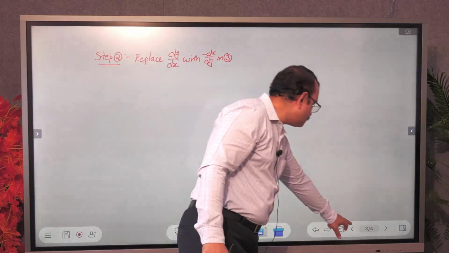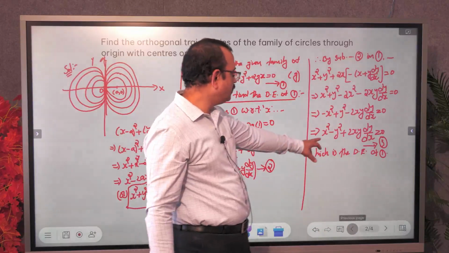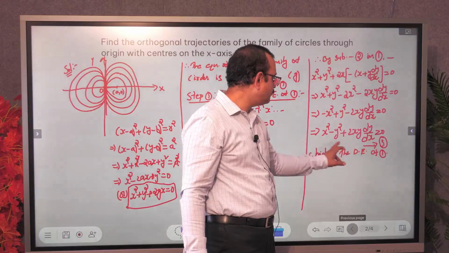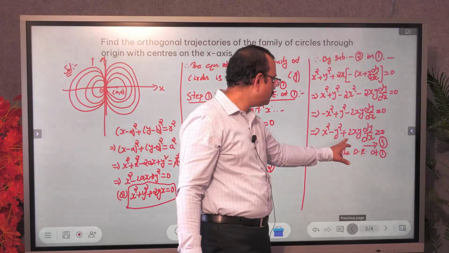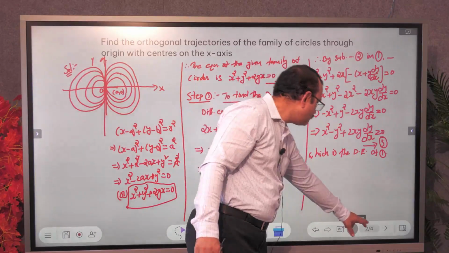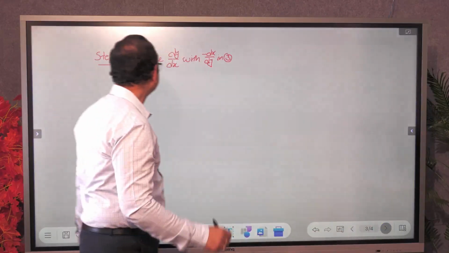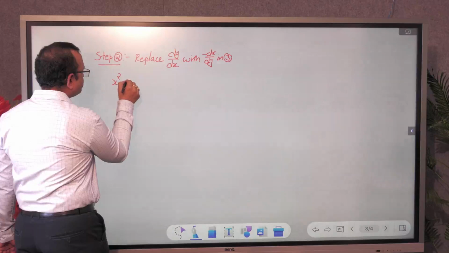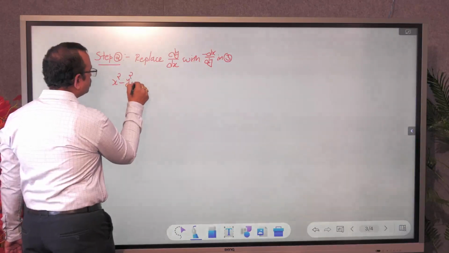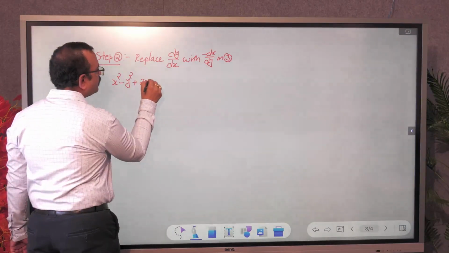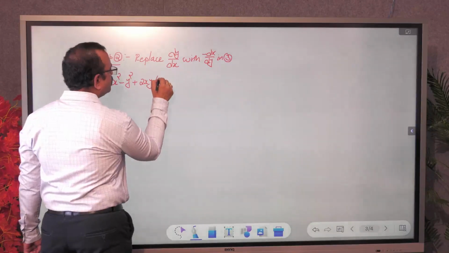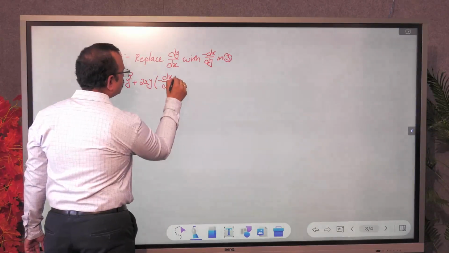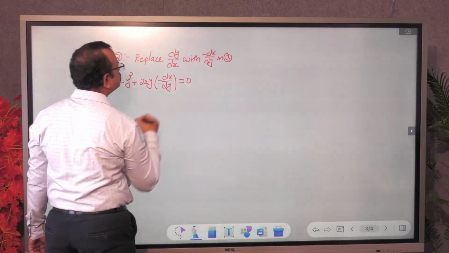If you observe, in equation 3 we have to replace dy by dx with minus dx by dy. Now we have x square minus y square plus 2xy into, in place of dy by dx, we write minus dx by dy, equal to 0.